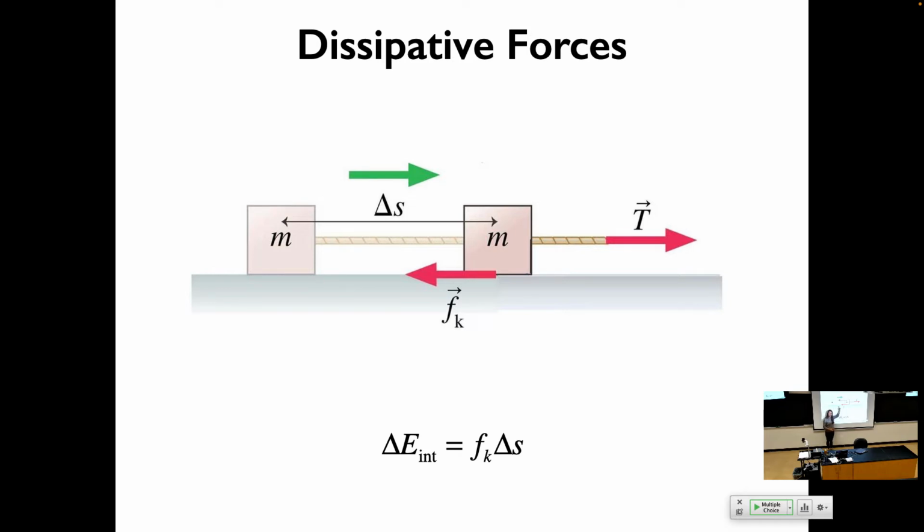And why can't we just multiply them instead of integrating them? Why don't we have to integrate friction? When do we have to integrate to get work? What kind of forces?